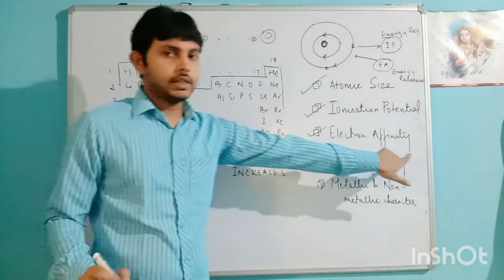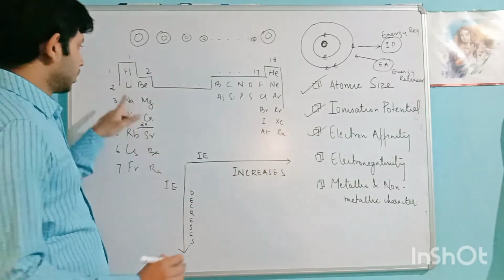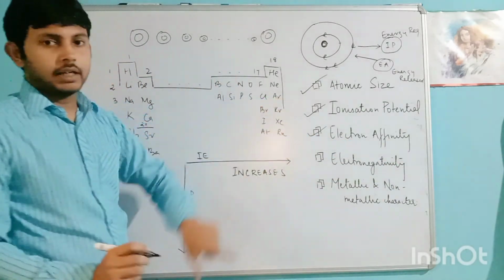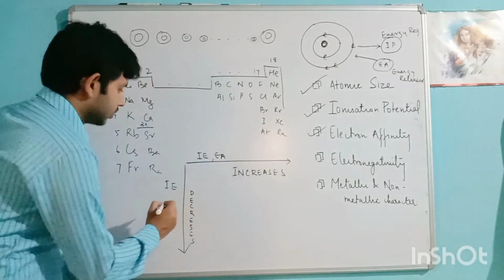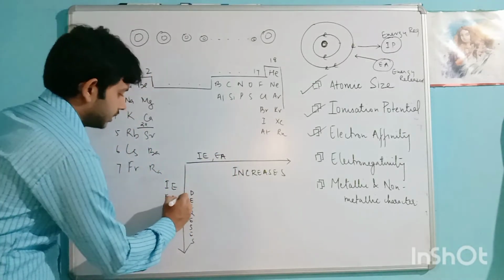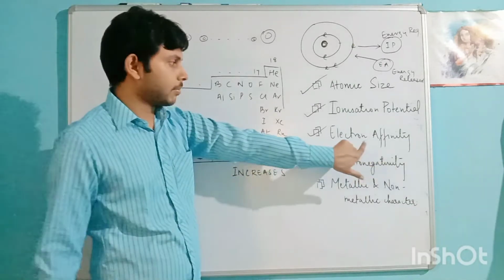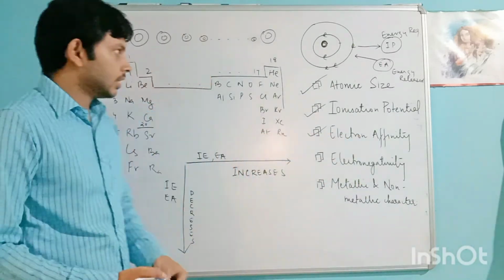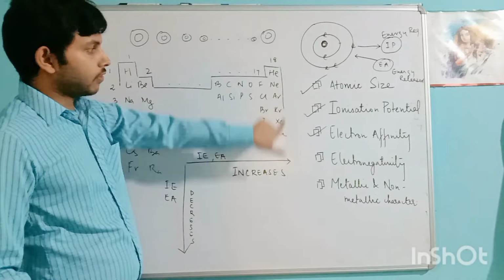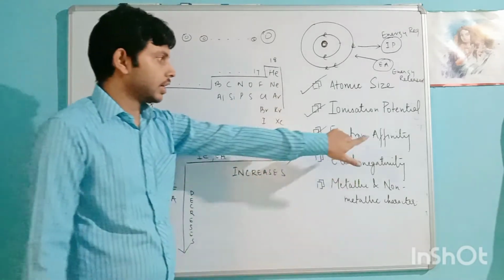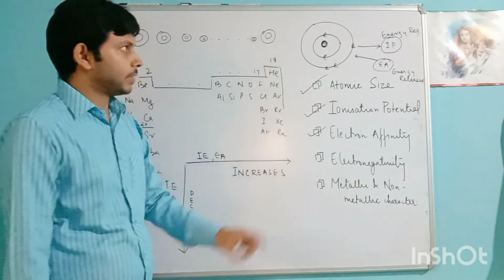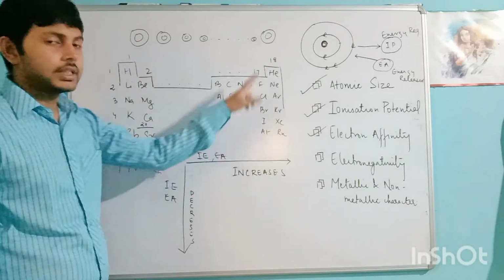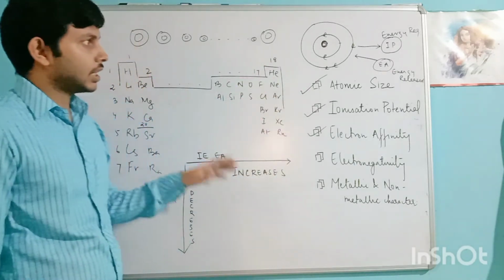Similarly, electron affinity is the same. Across a period, electron affinity increases, and down the group, electron affinity decreases. You have to remember one thing about electron affinity, that for group 18 elements, electron affinity value is 0. There is no electron affinity for group 18 elements. Why? Because they have stable electronic configuration.